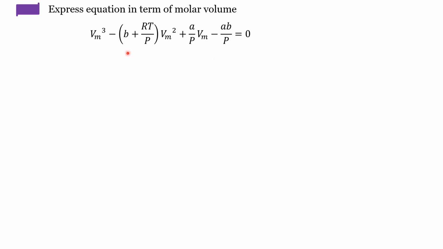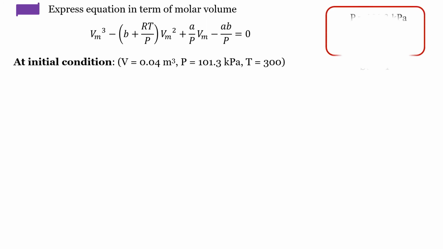Now we will simply put in all the known values, that is B, R, T, P, and A divided by P, A, B and P. All these coefficients are known. And we need to estimate this at the initial conditions, that is at state 1.